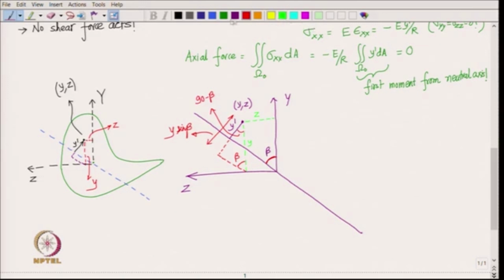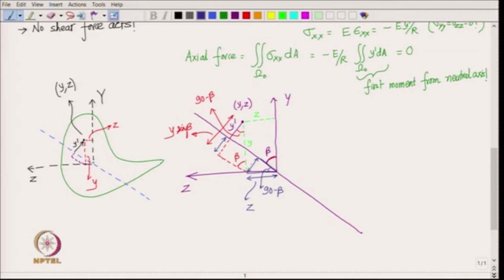And what can we say about this distance? That distance and this distance are the same, and if we focus on this triangle, then this angle is 90 minus beta, and this side is z.